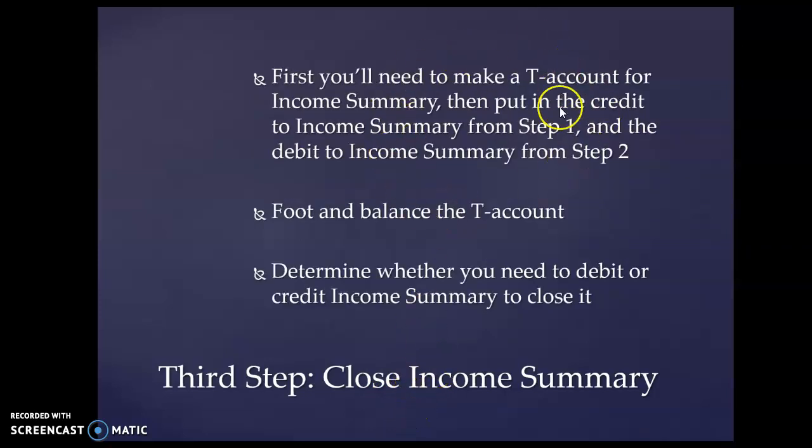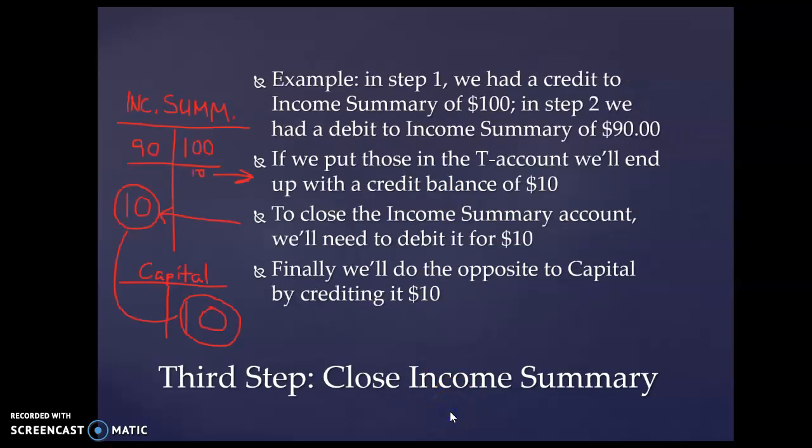So you're going to make a T account. You're going to put in whatever you did for income summary from step 1 and whatever you did from step 2. Put those into the T account, then foot and balance that T account, and then you'll know whether you need to debit or credit income summary. Here we have a $100 credit from step 1 and a $90 debit from step 2.